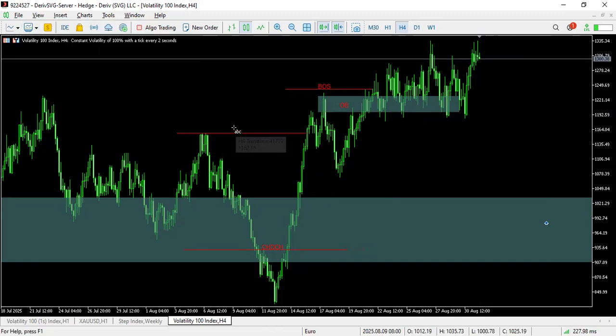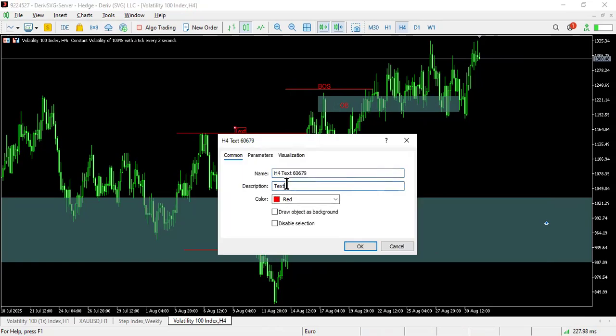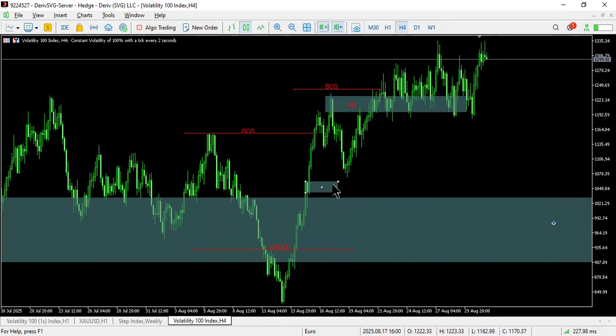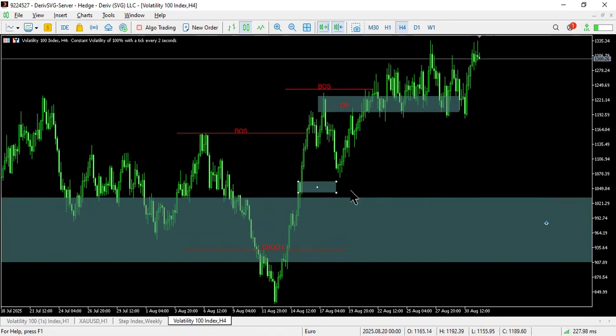So we had a break of structure here. And then our order block was there.